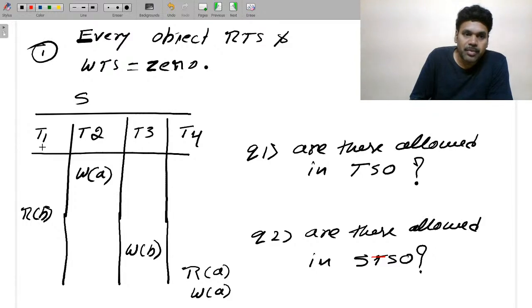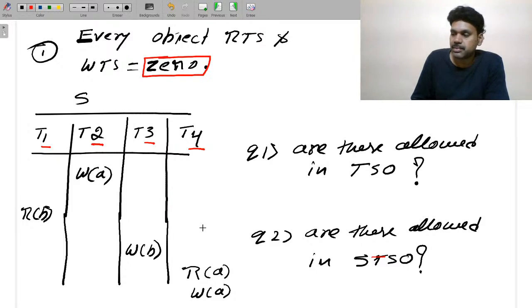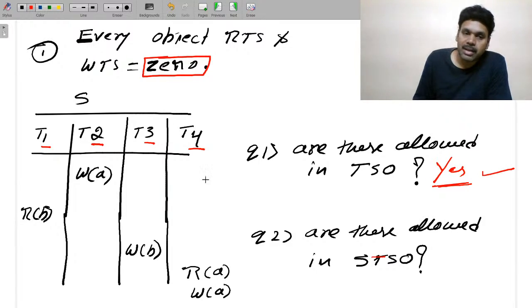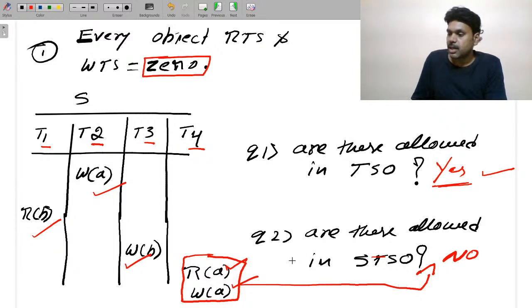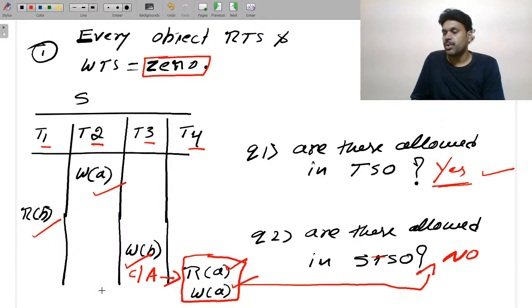These are your timestamp values 1, 2, 3, 4, and your timestamp value is starting with 0. Very nice. So question number 1 is yes, all are allowed. Question number 2, no. Because there is a requirement of a commit or abort statement here before it is shared with T4.